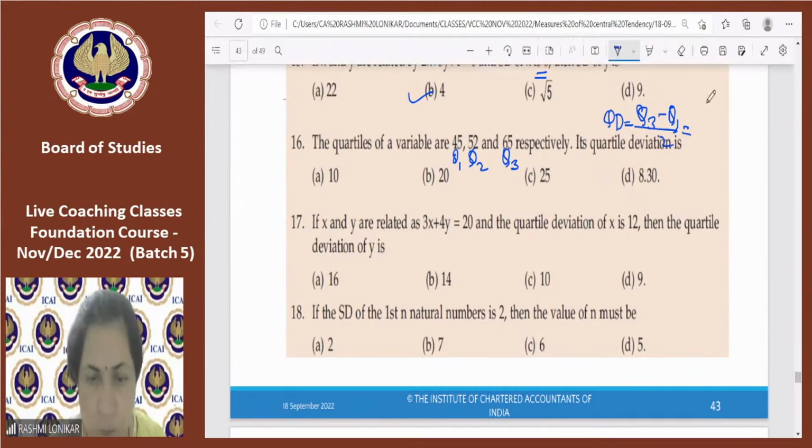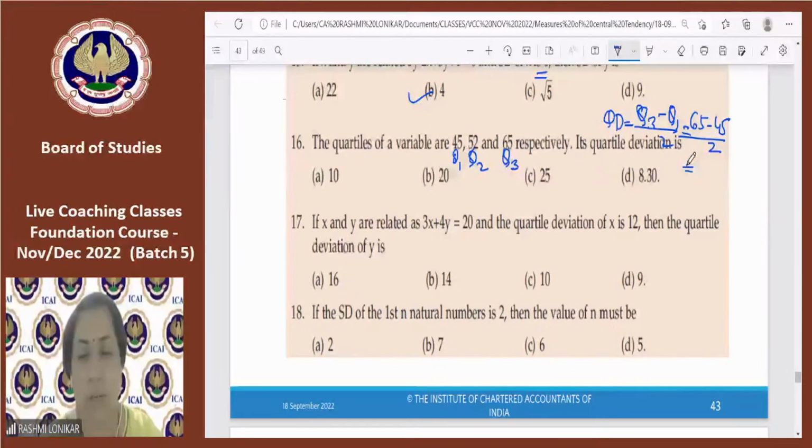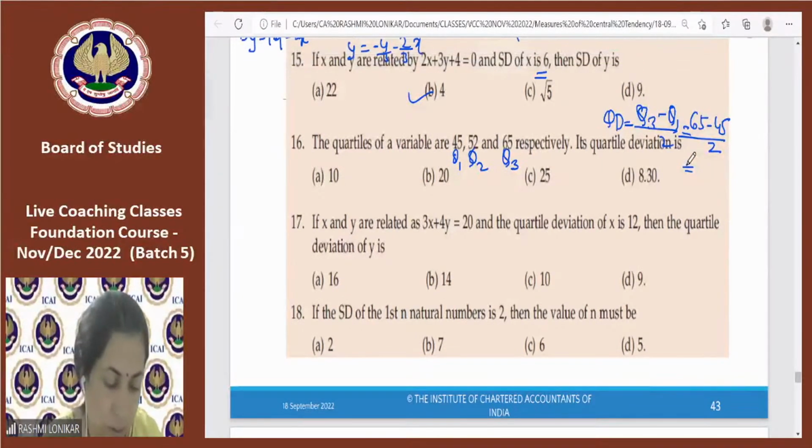How much is Q3? Q3 is 65. How much is Q1? 45. So 65 minus 45 upon 2 is 20 divided by 2, which is equal to 10. Okay, so A will be the correct answer.